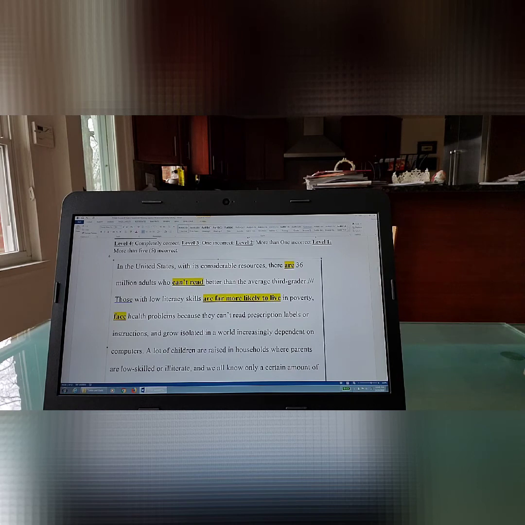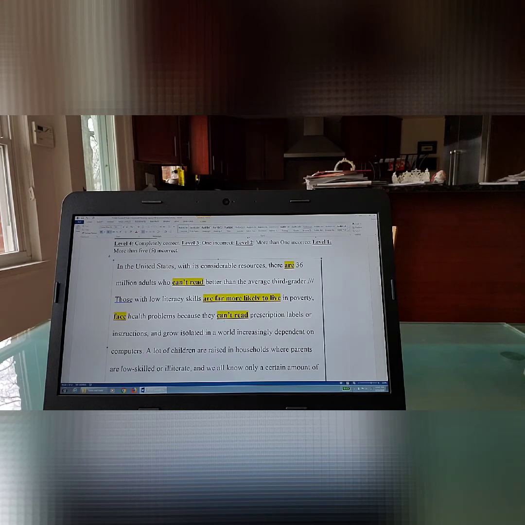Okay, so then the next verb phrase is because they can't read. And it's funny because we were getting on the second sort of can't read situation, right? Okay, so because they can't read prescription labels. So again, we're going to come back through this.